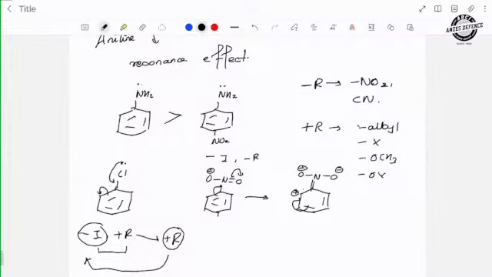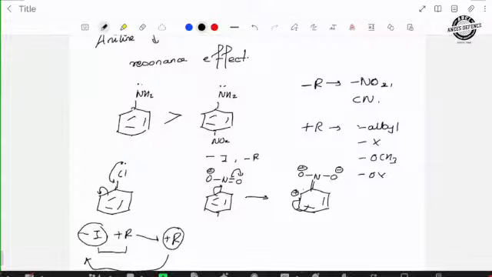In next lecture, we'll be continuing with the chemical reactions of amine, and then I think in the lecture after that we'll finish this chapter. Okay, fine. Thank you.